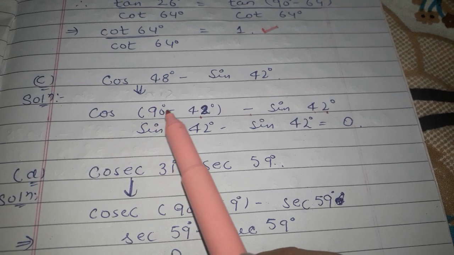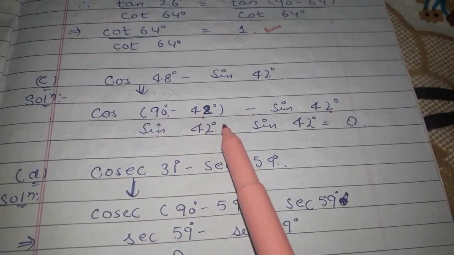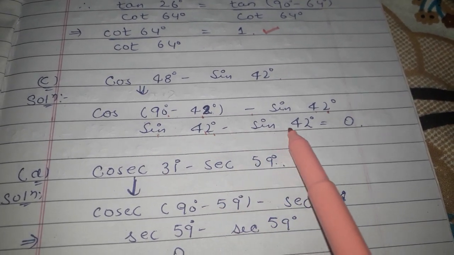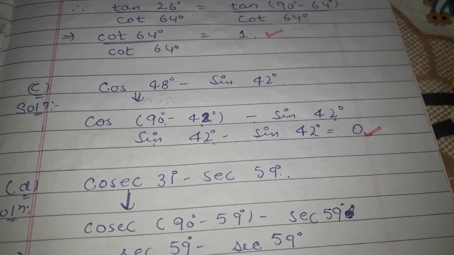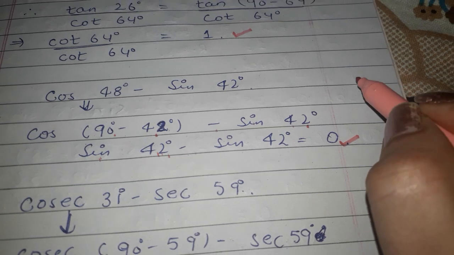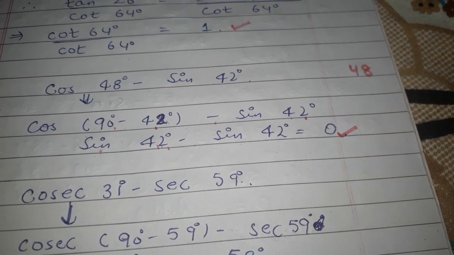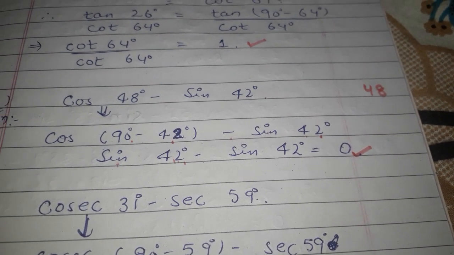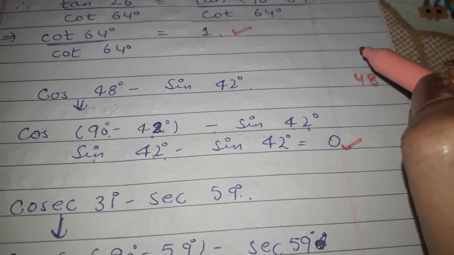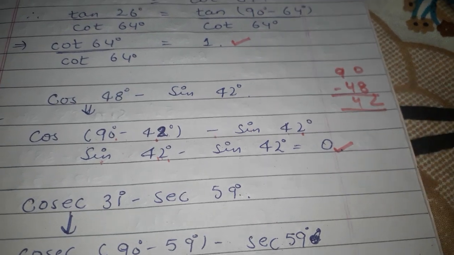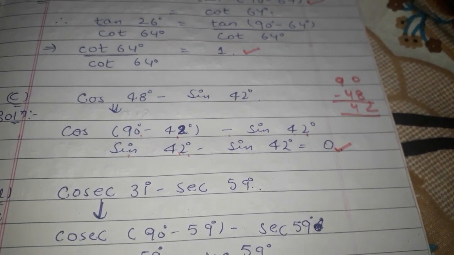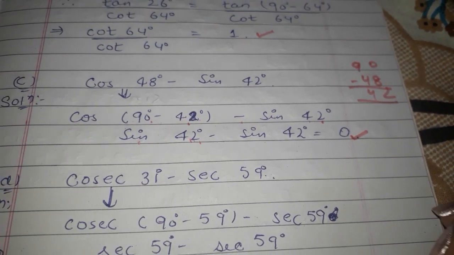Now cos(90 degrees minus theta) is sin theta, so sin 42 degrees minus sin 42 degrees is 0. You can use a trick here: to write 48 degrees, figure out which number should be subtracted from 90. Then you can directly subtract 48 from 90 and you will get 42 here, or any number which is given in the question.